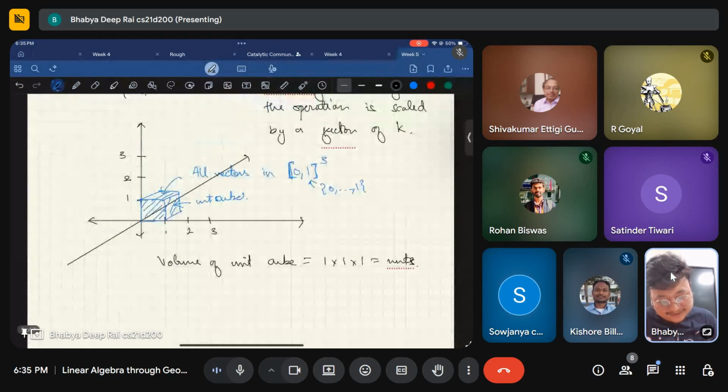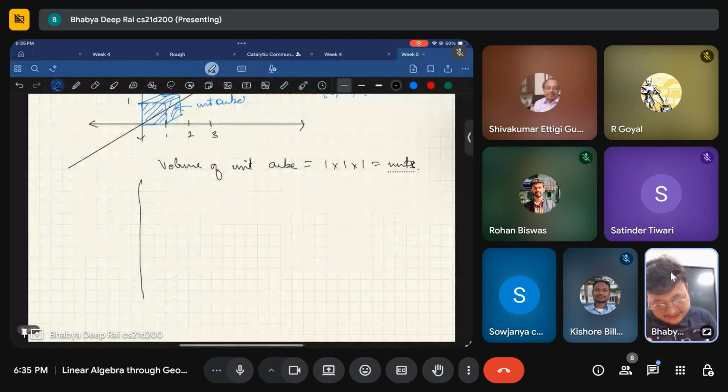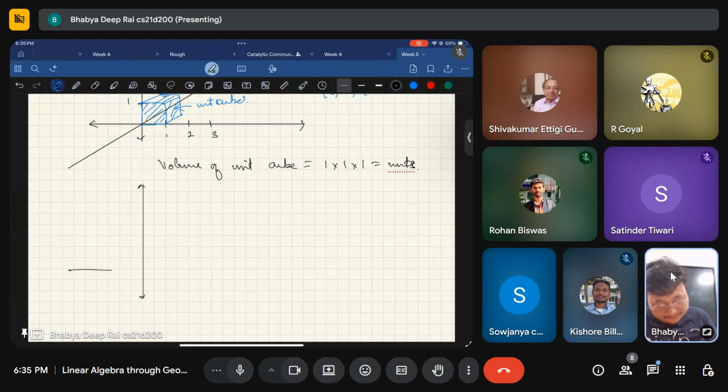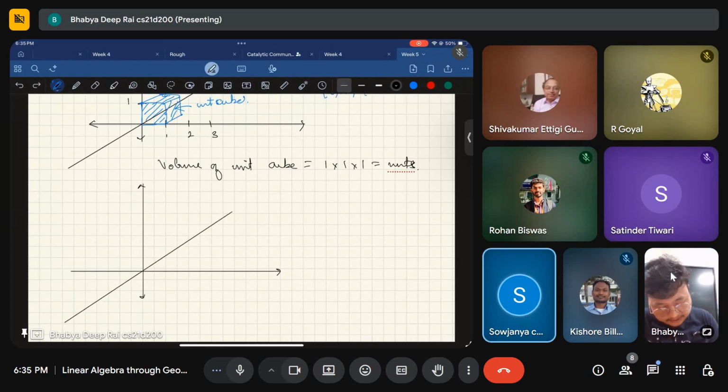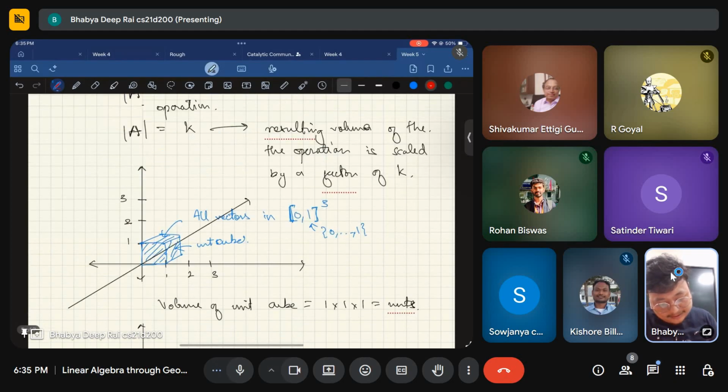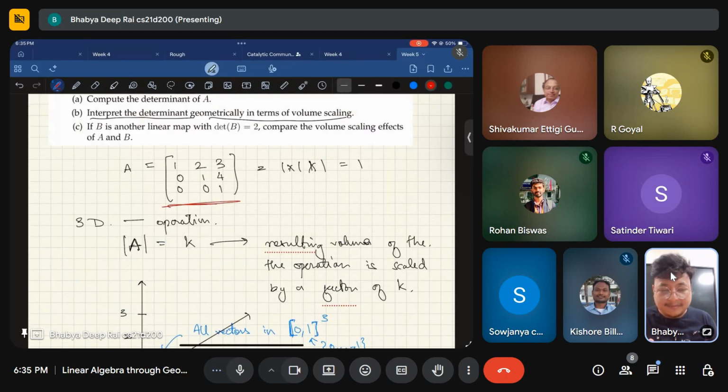Now the interesting thing is this. If I take this unit cube and then apply the transformation here, the transformation may look very strange. It may not look very neat. It may not necessarily be a shear, let's say. It may not necessarily be a rotation. It may not necessarily be a translation.